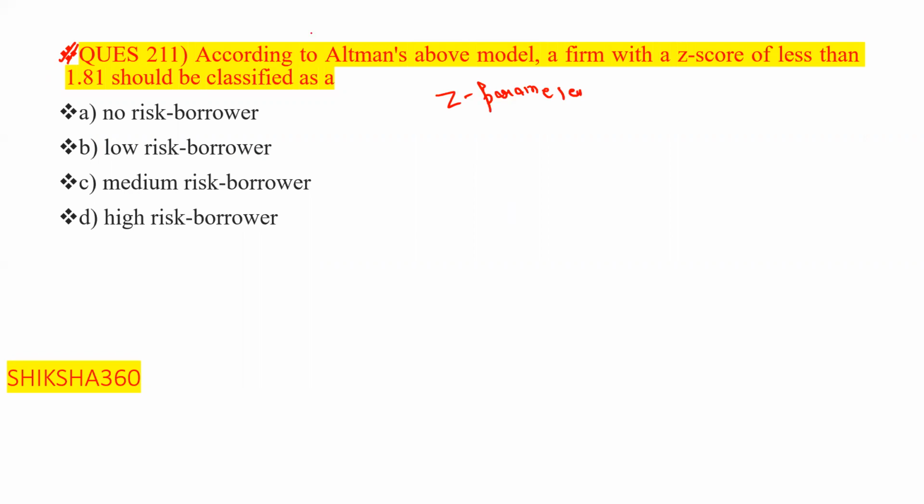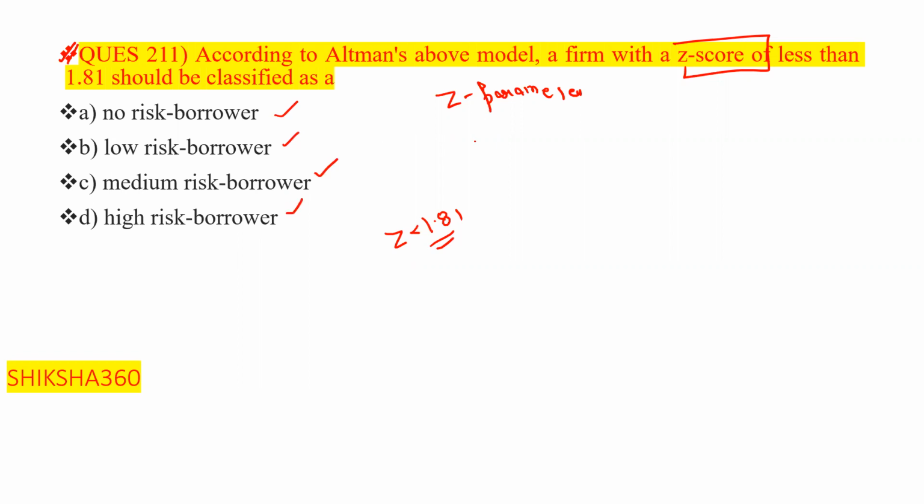Same question here. According to the Altman model, if the Z score of a firm is less than 1.81, it should be classified as a no risk borrower, low risk borrower, medium risk borrower, or high risk borrower. So what is the correct answer?